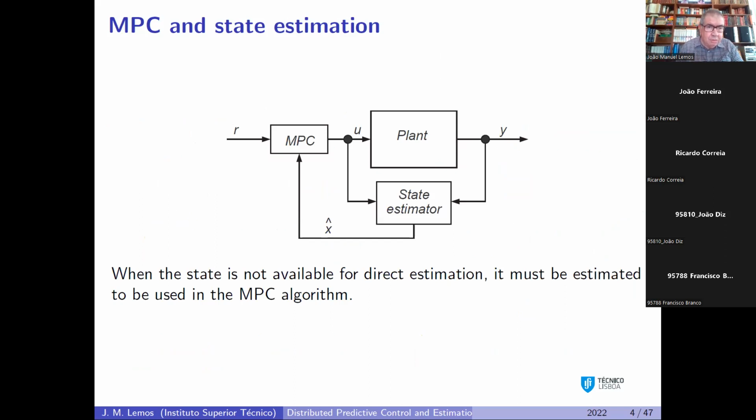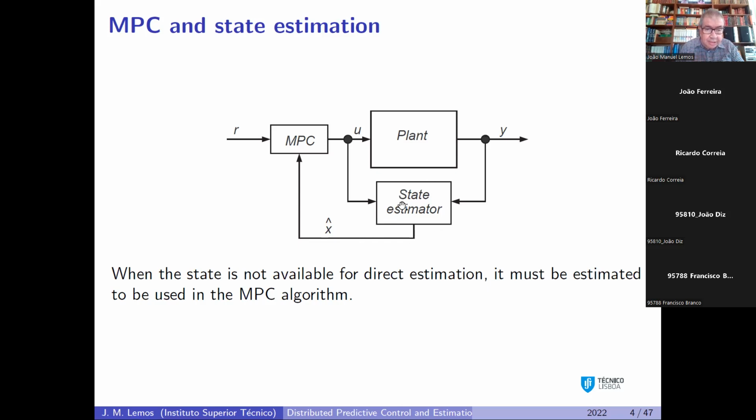So if you think of this in relation to MPC, of course, you have the MPC controller, this block. The MPC controller receives the state, but since you don't have the state, you have an estimate of the state. I put a hat symbol over the state to show that this is not a real direct measurement of the state, but it is an estimate of the state produced by a state estimator.